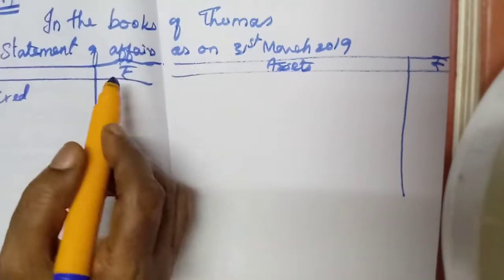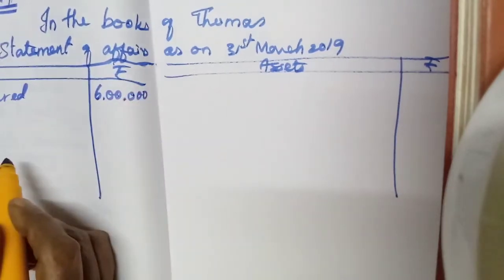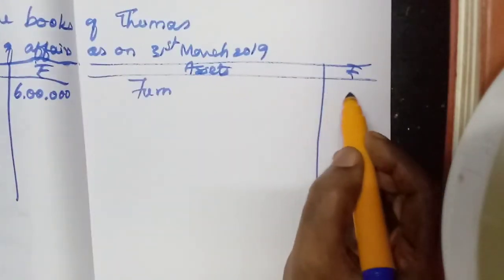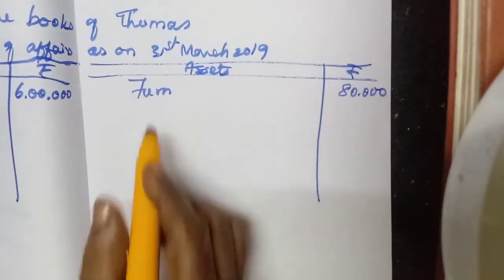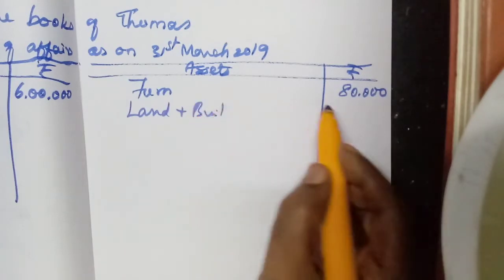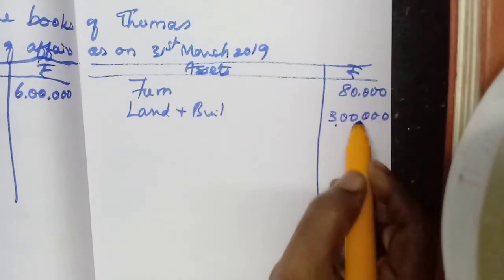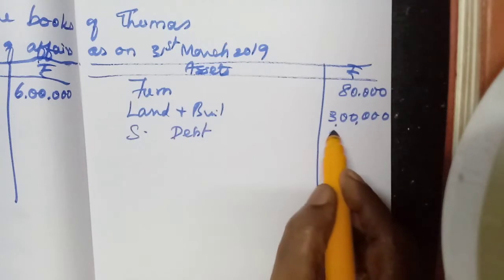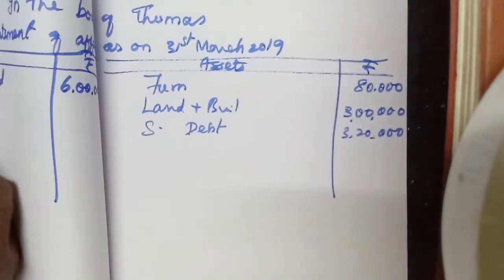You write fully, okay students, otherwise we won't get time. Then furniture asset 80,000. Land and building 3 lakh. Sundry debtors 3,20,000. Bills payable, liability.